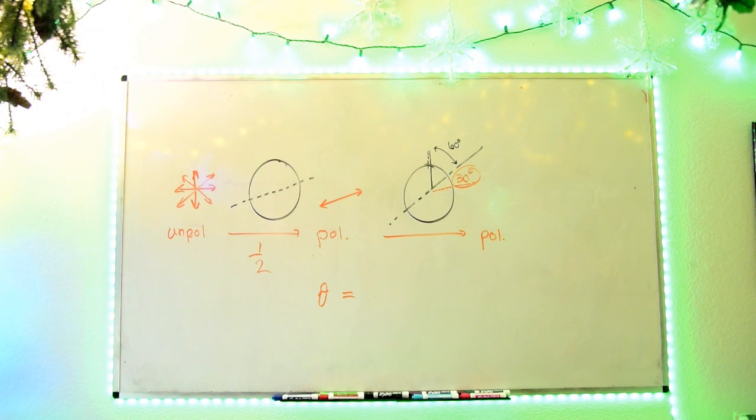Now, there is one last question to this. You said, so what is the transmission line? A brief description of what the transmission line or the transmission axis is: it's the axis along which it will allow an electric field through for the light.